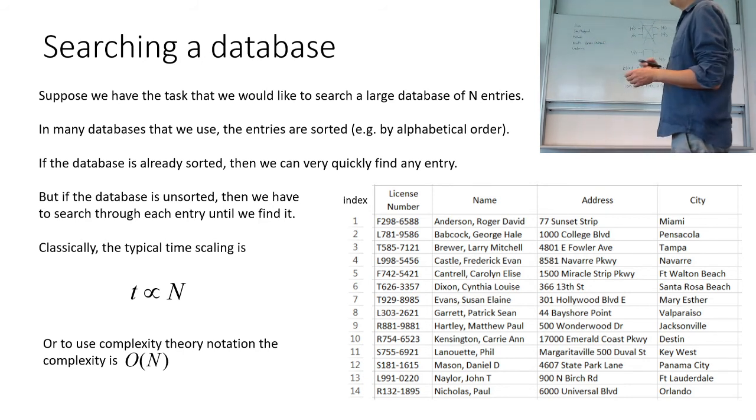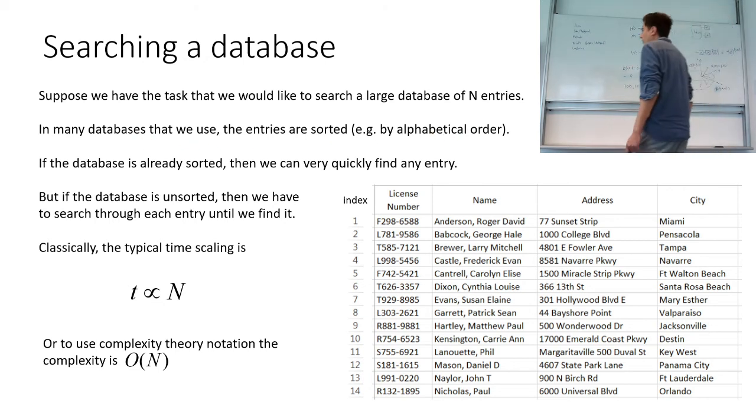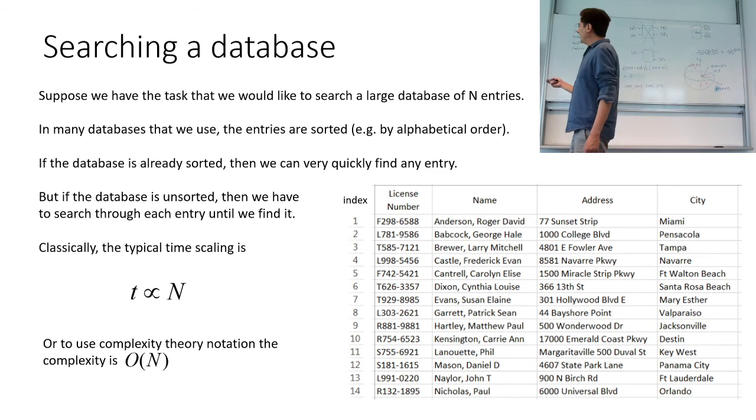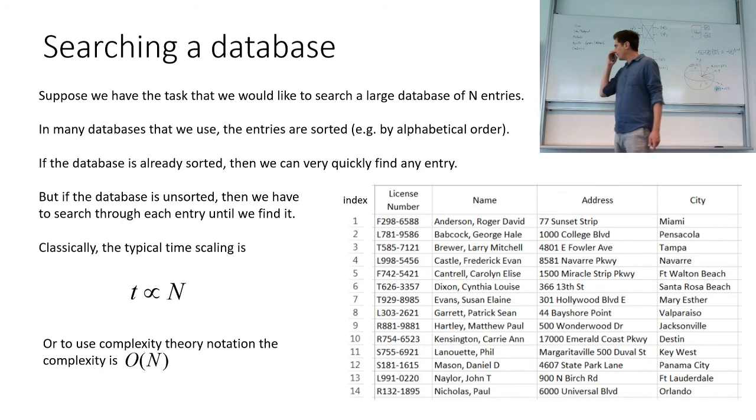And the entries are sorted. Well, usually in databases the entries are sorted, say, in alphabetical order, right? So, for example, here's just some random thing that I found. It contains names, addresses, cities, and say license numbers.